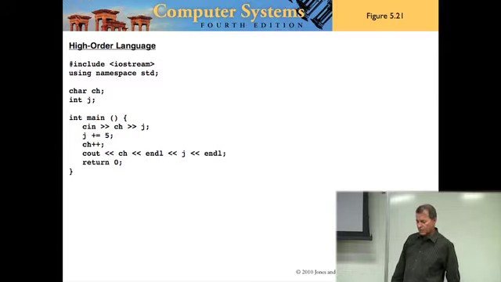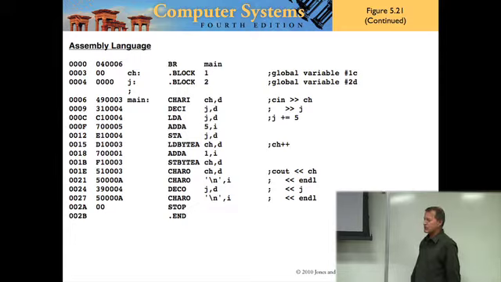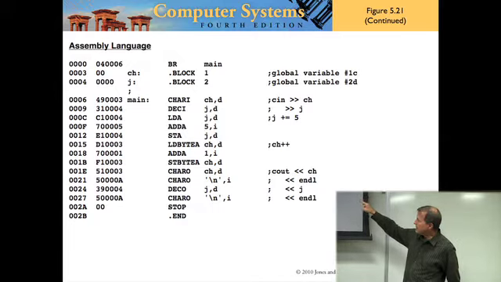Now, I think what we did is we looked at the second half of figure 5.21, and we verbally went through all that code. But now there's one little feature here that I want to demo. Do you see up there where it says branch to main, then it says ch .BLOCK 1?